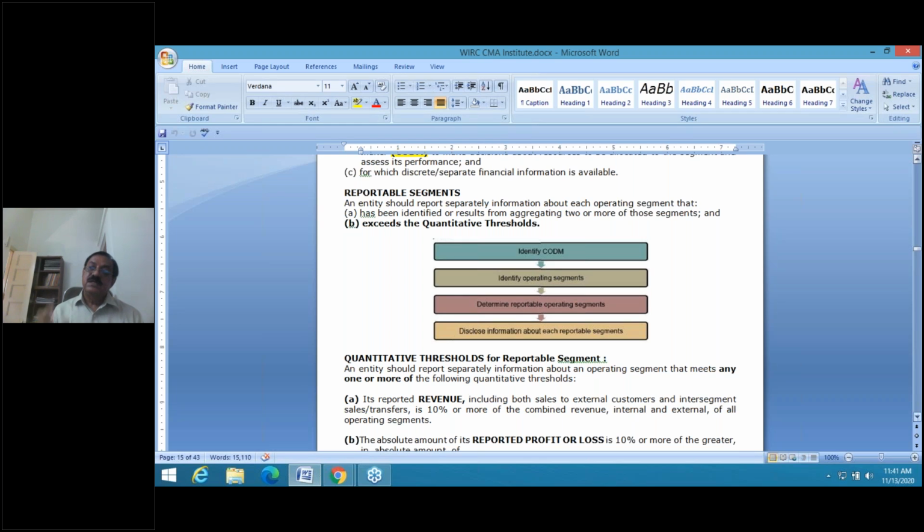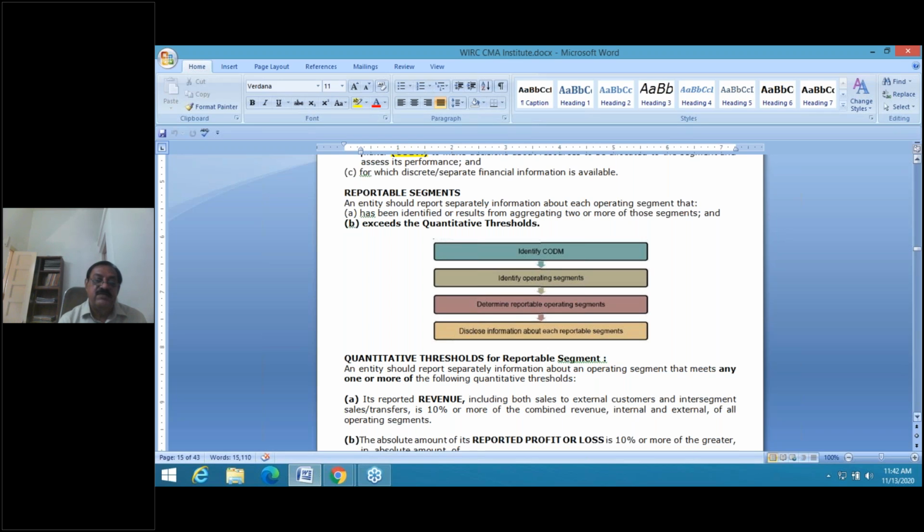For which component it has to give the details required, okay, as per this, all income, expense, assets, liabilities to be shown separately. So there are some quantitative threshold limits established by the Ind AS, and if these threshold limits are observed, then those segments will be reported separately.